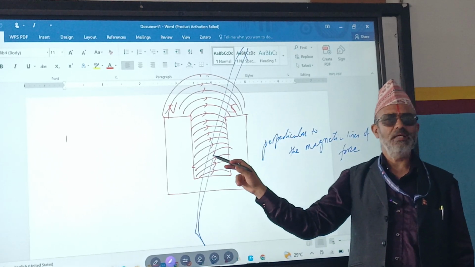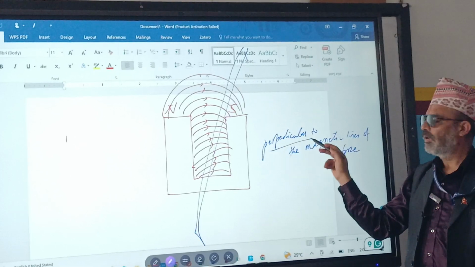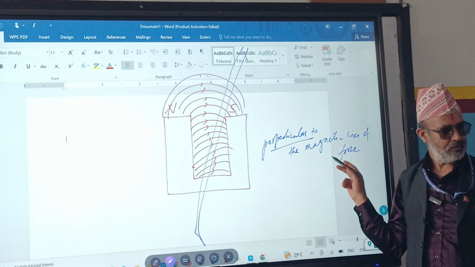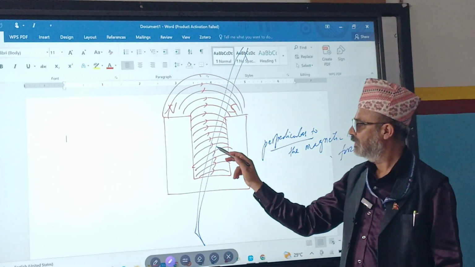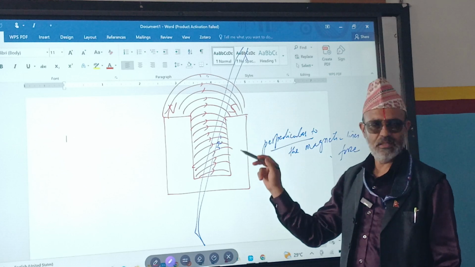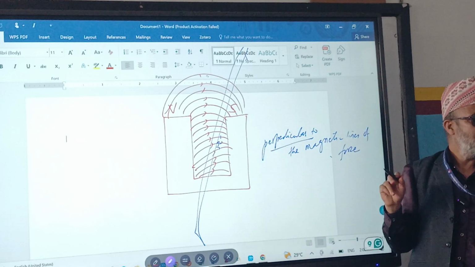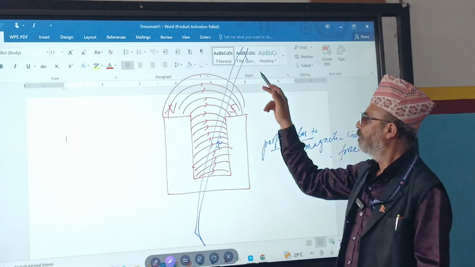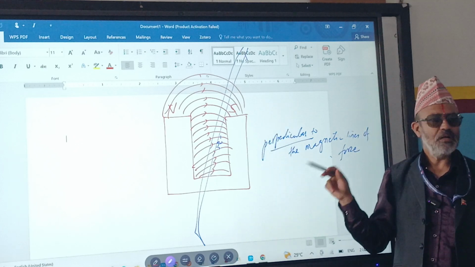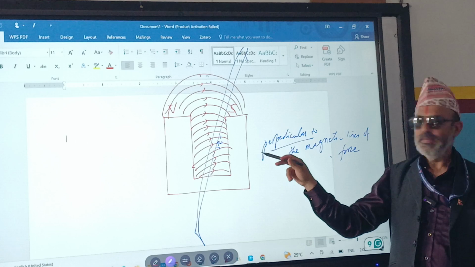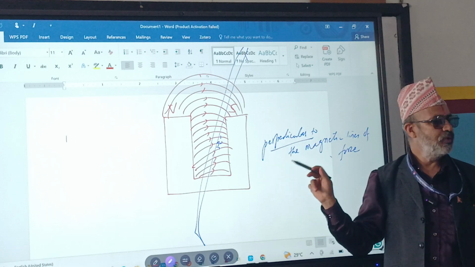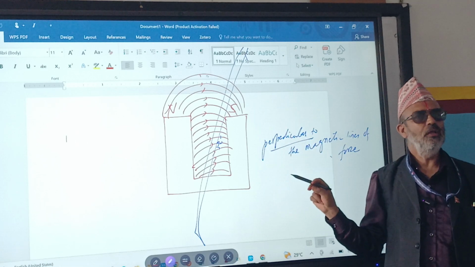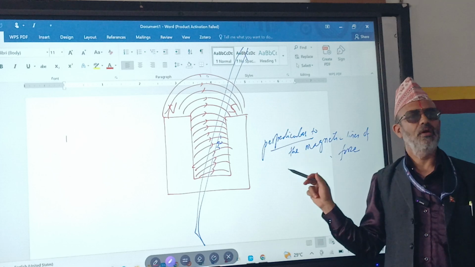Some of the magnetic lines of force are perpendicular to the conductor. How much angle do they make? 90 degrees. That is called magnetic flux. So the total number of magnetic lines of force which are perpendicular to the conductor when it is kept in the magnetic field of a magnet is called magnetic flux.